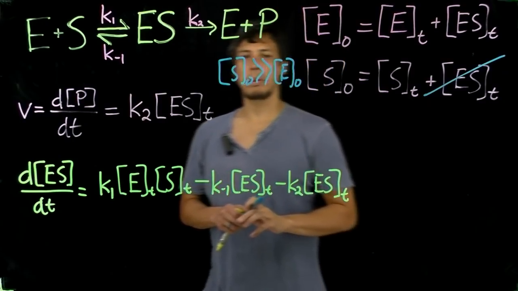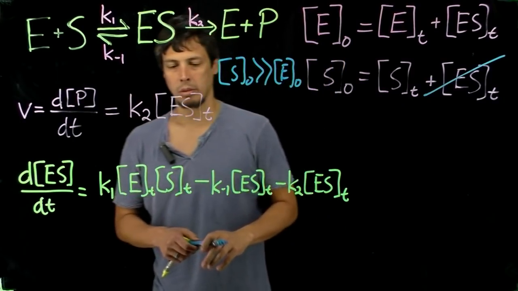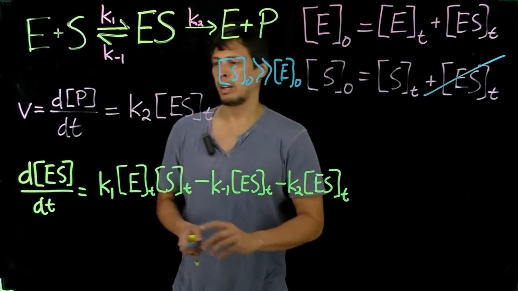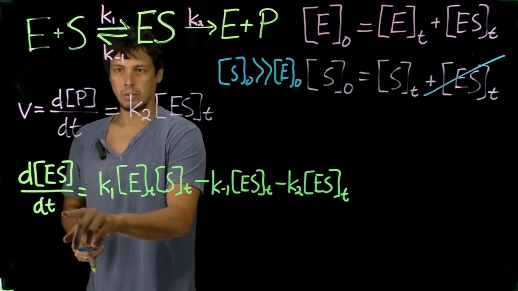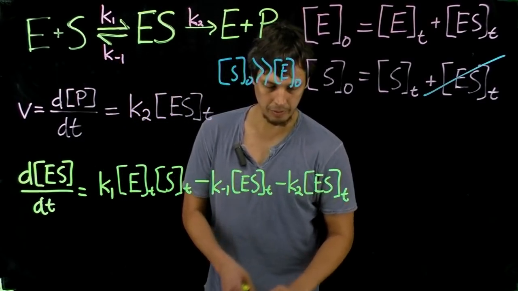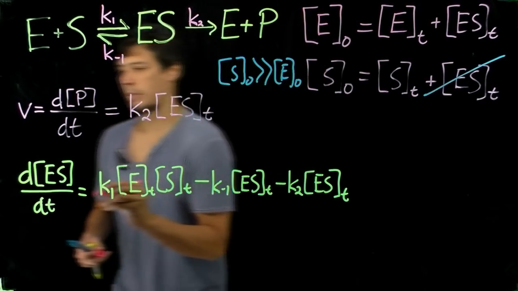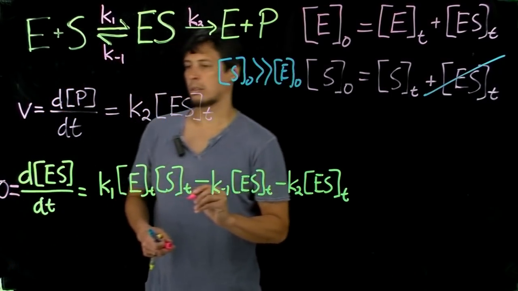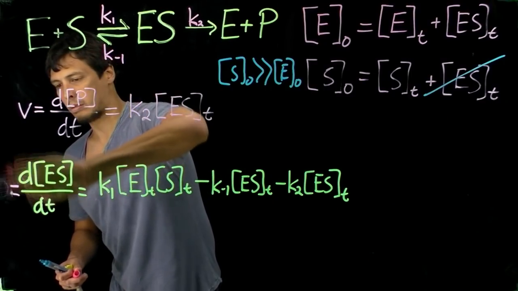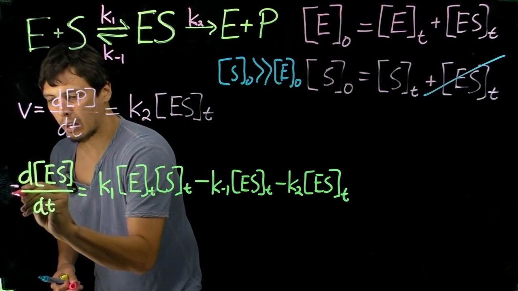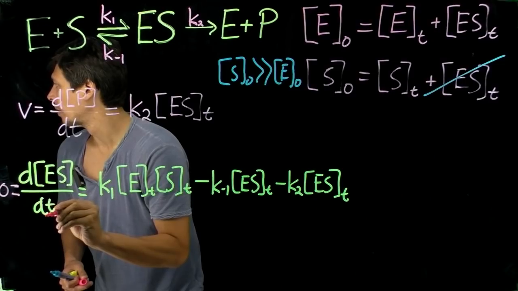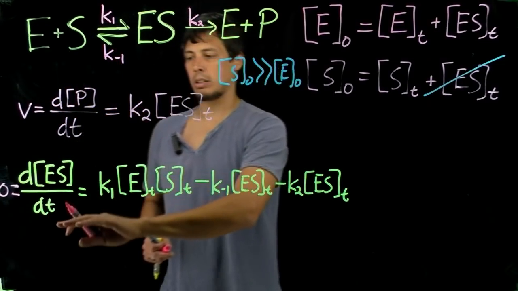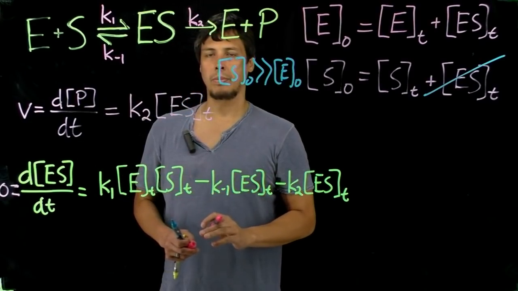The second assumption we make is called the steady state approximation, and that's where we set d[ES]/dt equal to 0. So we're going to set this change in ES over time equal to 0.